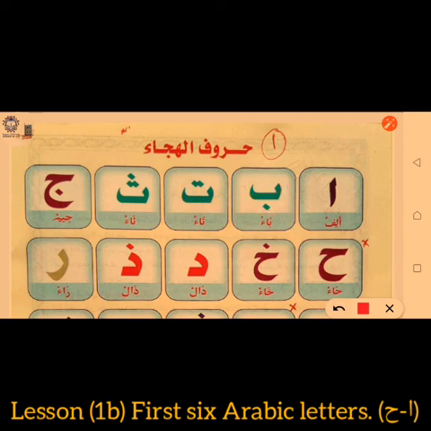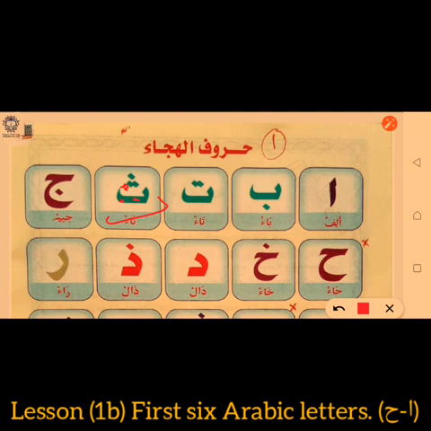Then for Ta, the dots are on it. 2 dots on its head. That is Ta. Then for Tha, 3 dots on its head. This has been explained in the previous lesson, lesson 1A, but we are going back to it again so as for us to understand. So we have Tha.